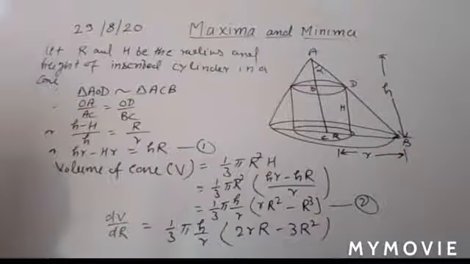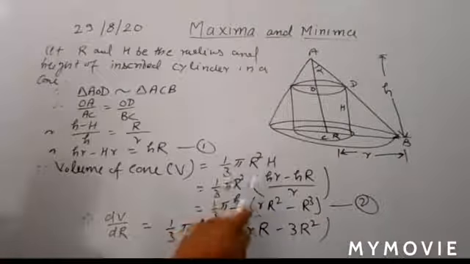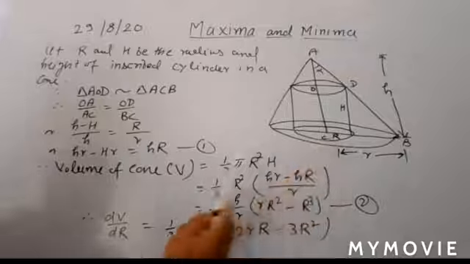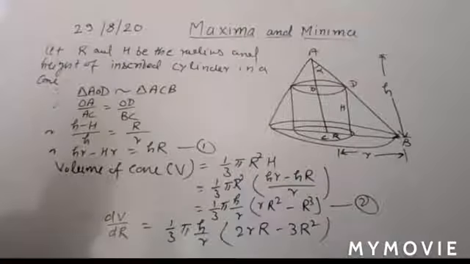Any doubt? Excuse me, sir, in the volume of cone there will be small h and small r. Actually, listen, sorry, I made a mistake here.